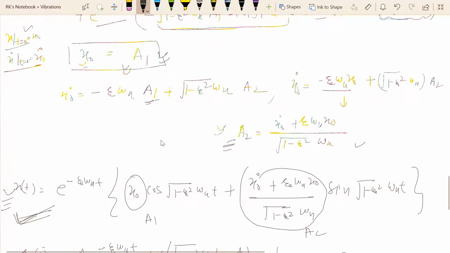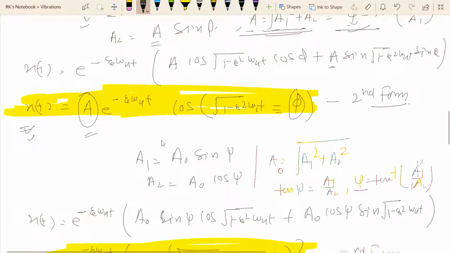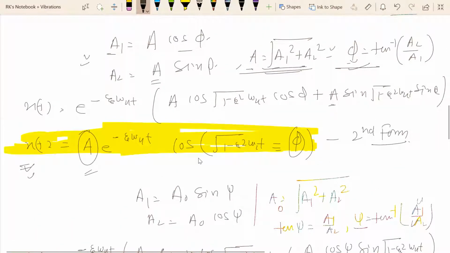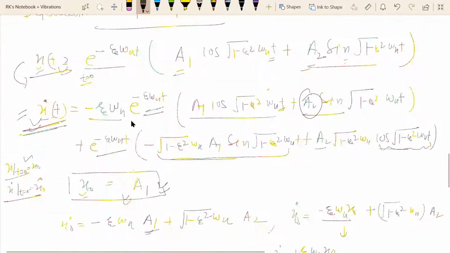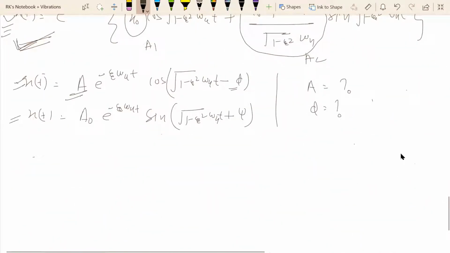As we discussed in the last lecture, in the first form this A and phi can be given by A equals the square root of A1 squared plus A2 squared, and phi is tan inverse A2 over A1. So here we'll find A. A is the square root of A1 squared plus A2 squared.